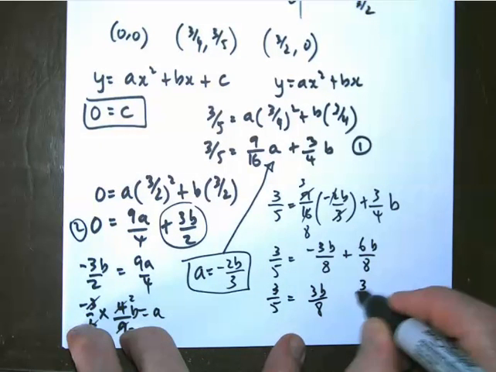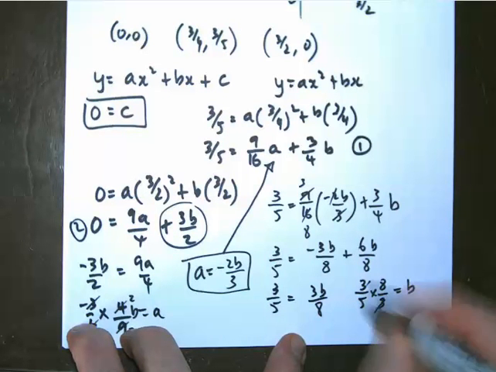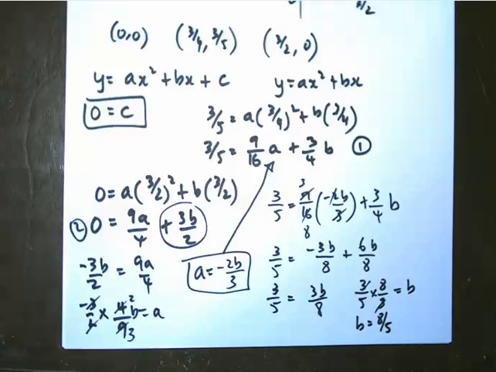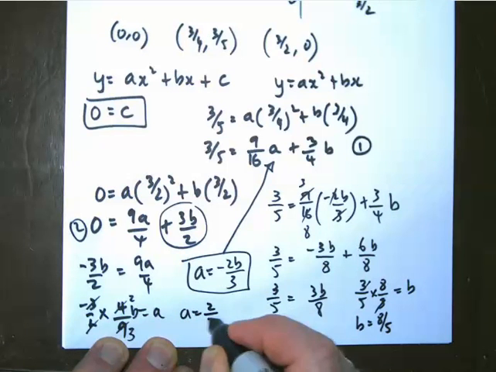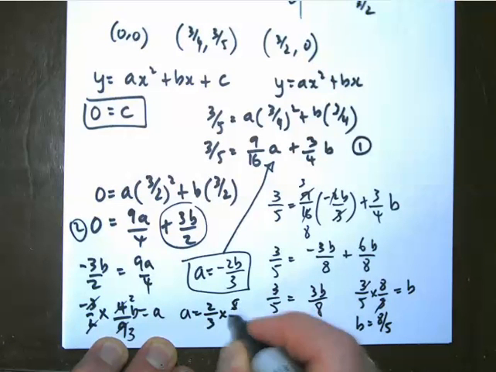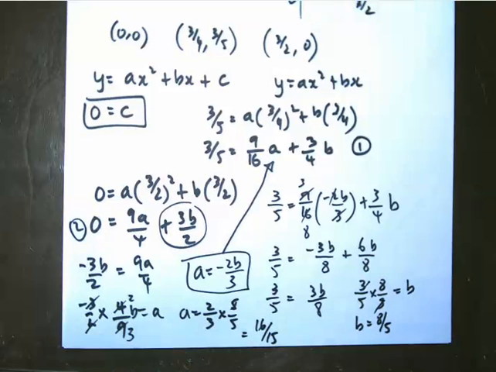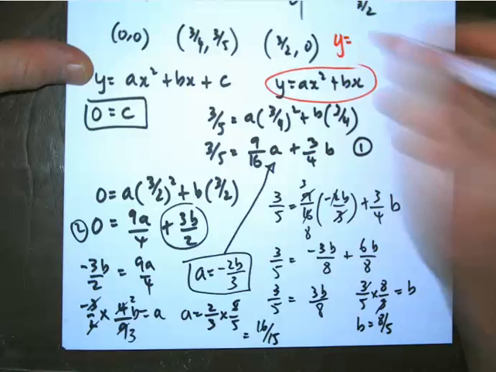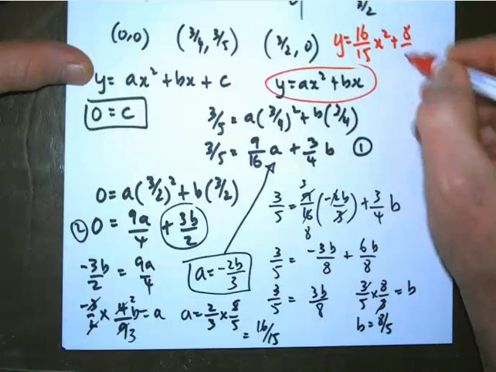So 3/5 times 8/3 equals b. b equals 8/5. And since b equals 8/5, a will equal minus 2/3 times 8/5, which is 16 on 15. Which gives me an answer of y equals a, which is 16 on 15x squared plus 8 on 5x.